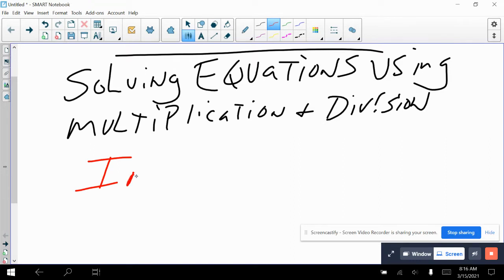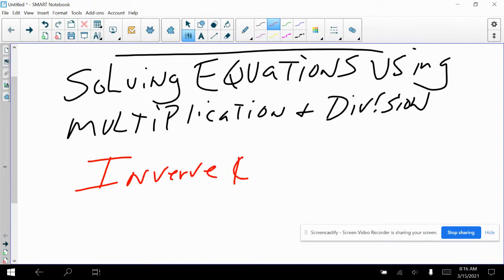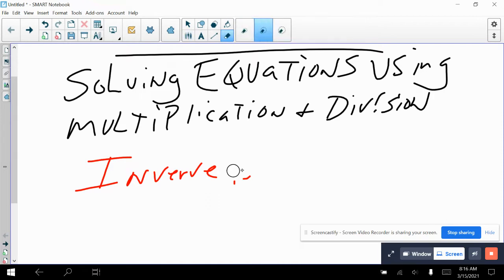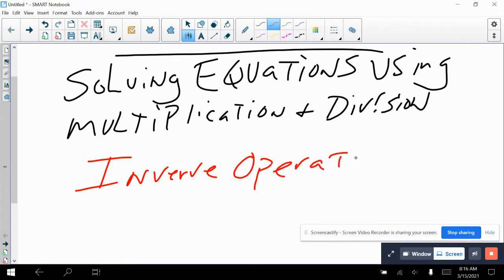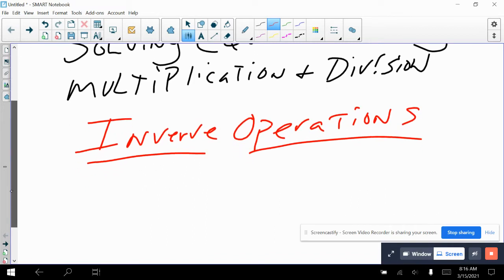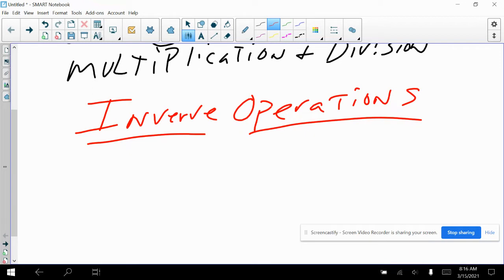Again, just like before, we have inverse operations. Okay, it was no different when we added and subtracted.